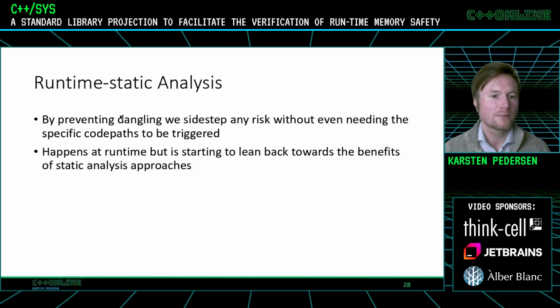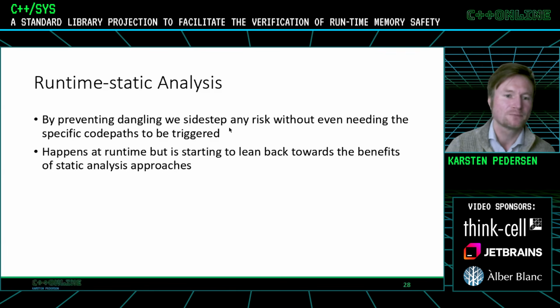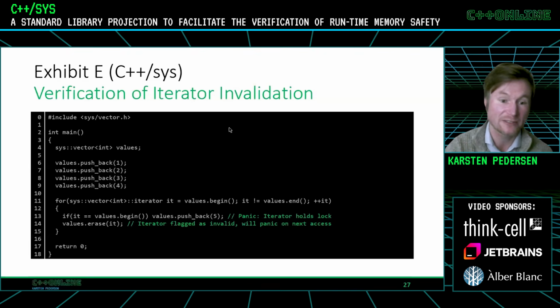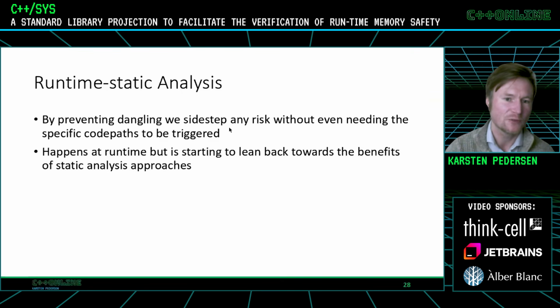So effectively, by preventing any sort of dangling, we sidestep really any risk, even risk that wasn't being flagged by address sanitizer, just because you're quite strict, which means you do limit some designs, but you sidestep so many issues.